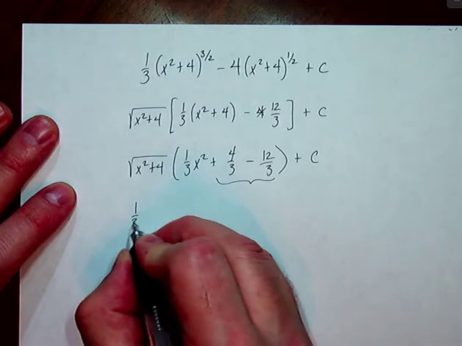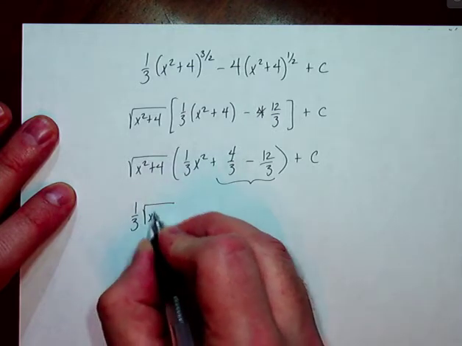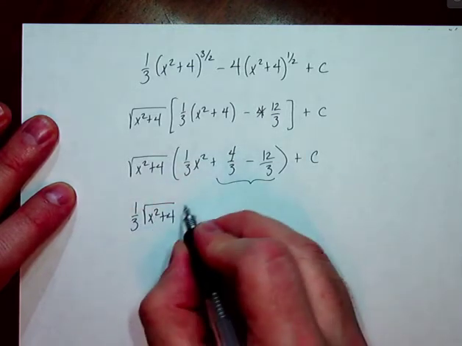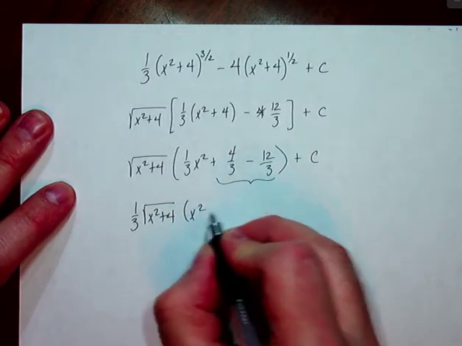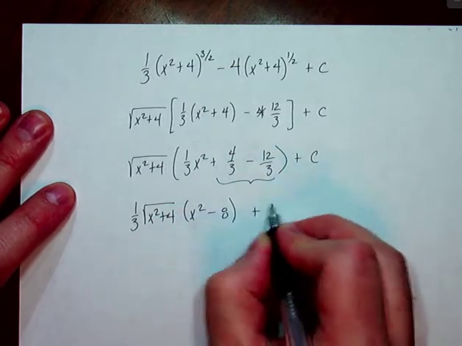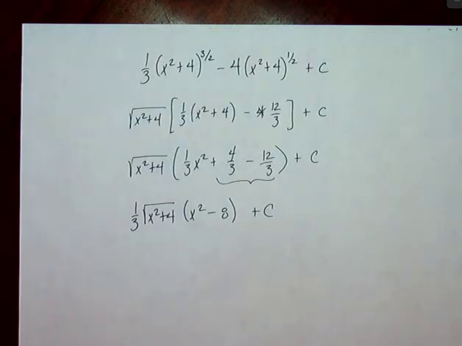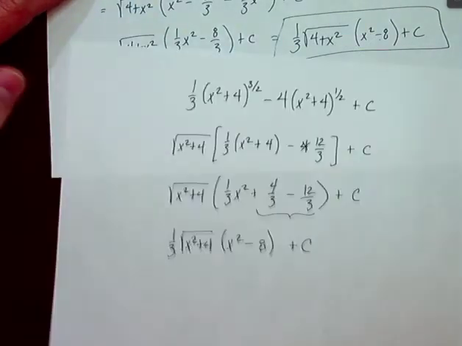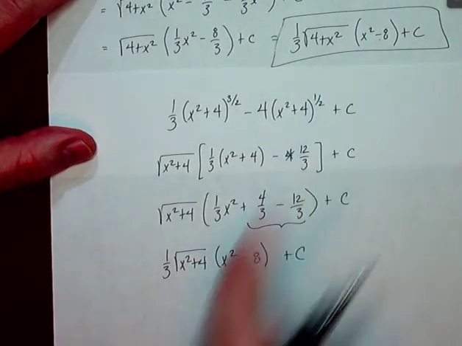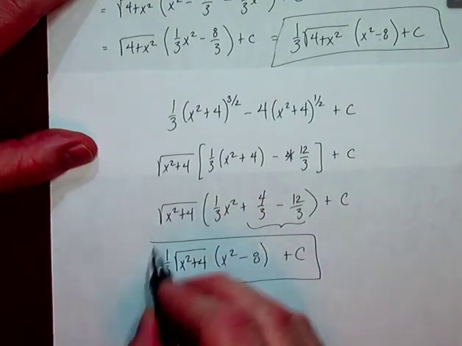So if I pull out a 1/3, I'm just left with x squared minus 8 plus c. And that ought to look really familiar because that is exactly what I got here. Those are identical.